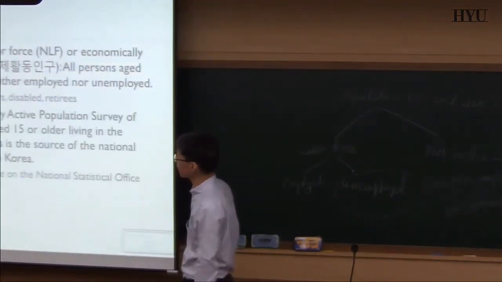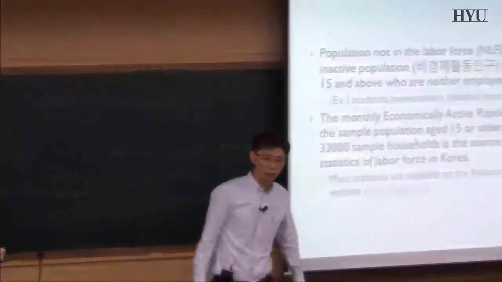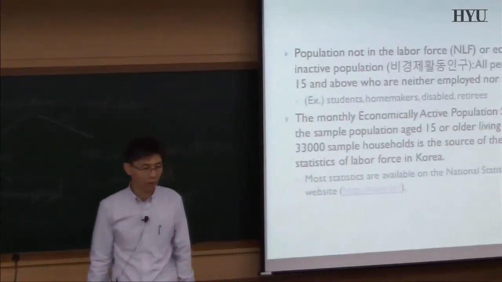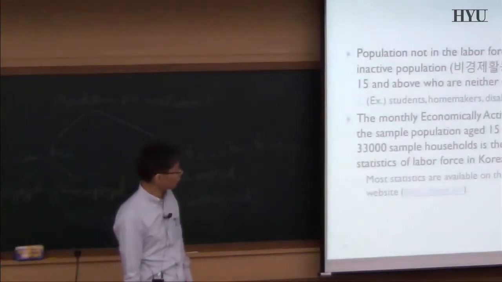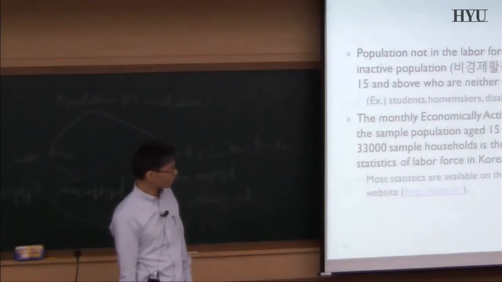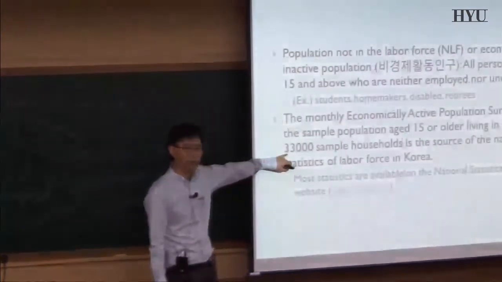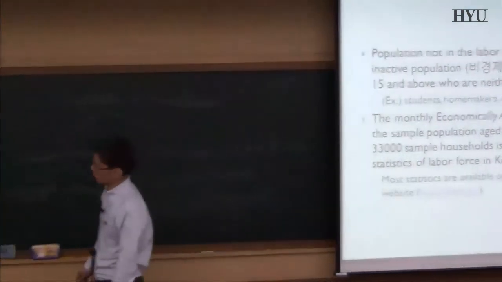So in Korea's case, we have a monthly survey, the economically active population survey, or labor force survey. In many countries, they use labor force survey as the title. What the survey does is take a sample of the population age 15 or older living in about 33,000 sample households across the country.